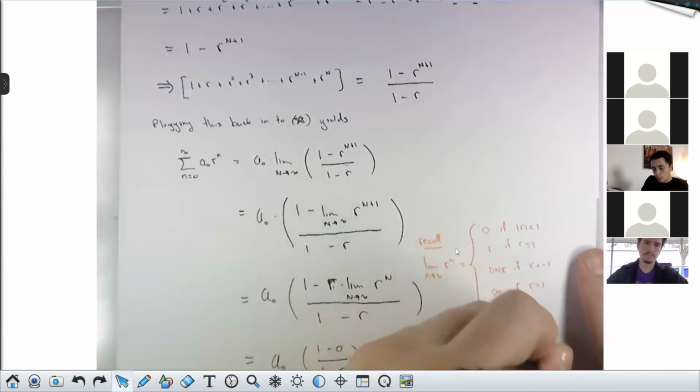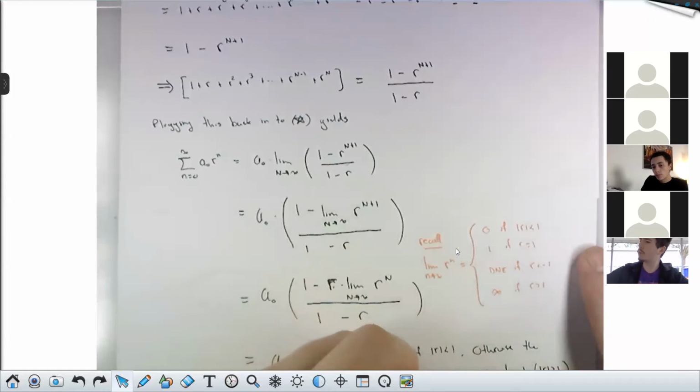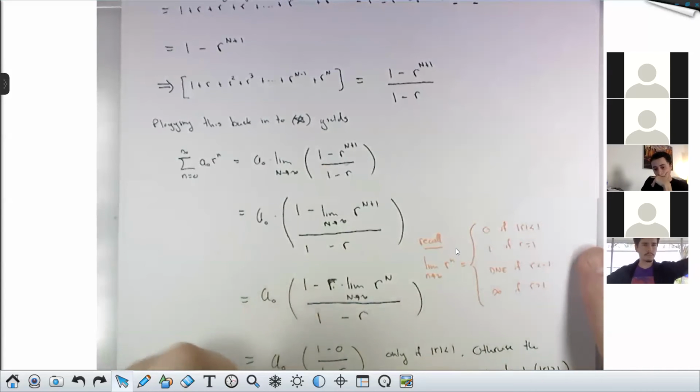That's if the absolute value of r is strictly bigger than 1, or is undefined if r is equal to 1. And this is a0 times 1 over 1 minus r, or if you like, the way the book writes it, a0 over 1 minus r, as promised. And that's the proof.